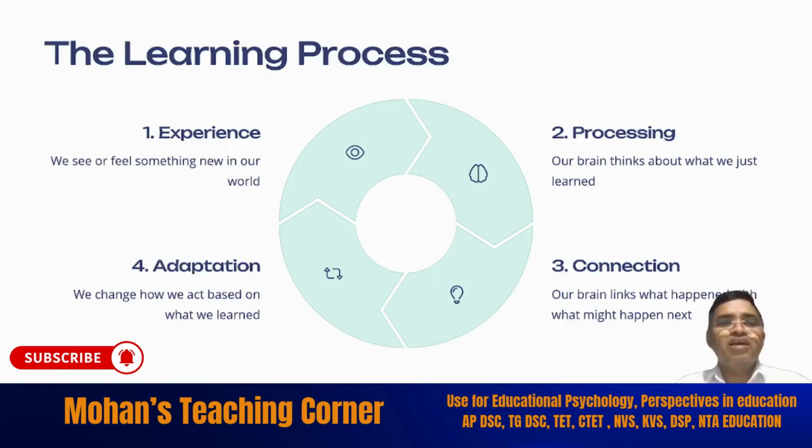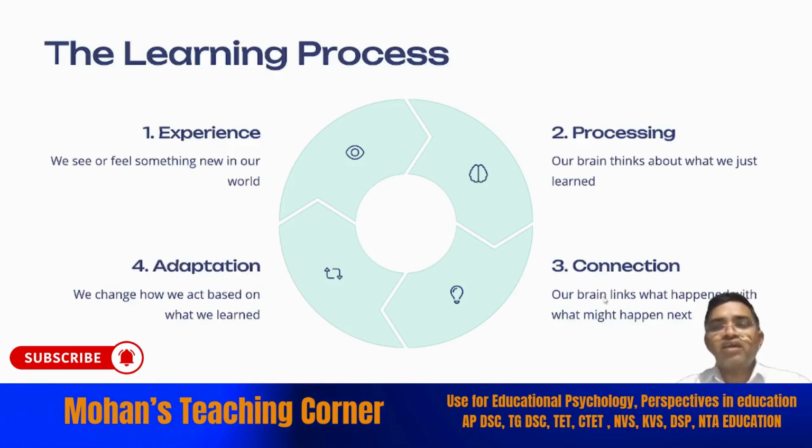Then, the learning process. How does the learning process happen? There are four steps: experience, processing, connection, and adaptation. What is experience? First of all, we see with our eyes and feel something new in this world. Then it is processed by our brain, and our brain thinks about what we learned.